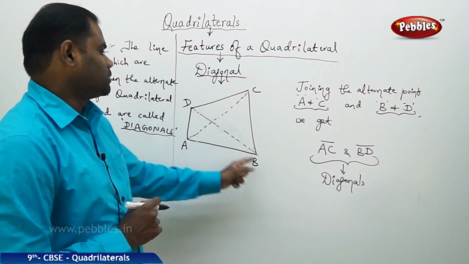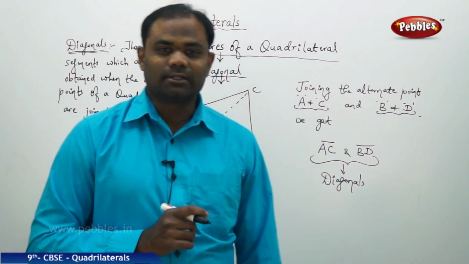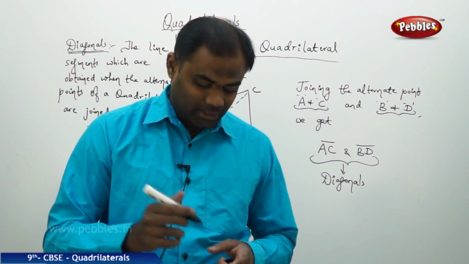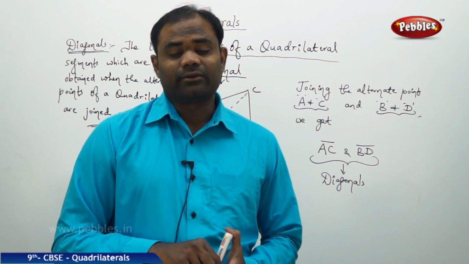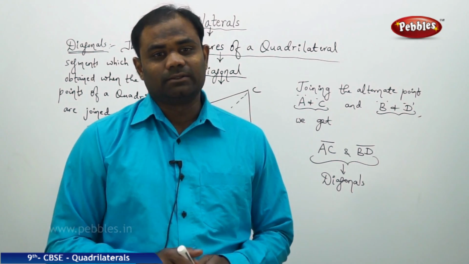Alternate points joined, I get two diagonals in the quadrilateral. Therefore, my learning outcome is that a quadrilateral has two diagonals.